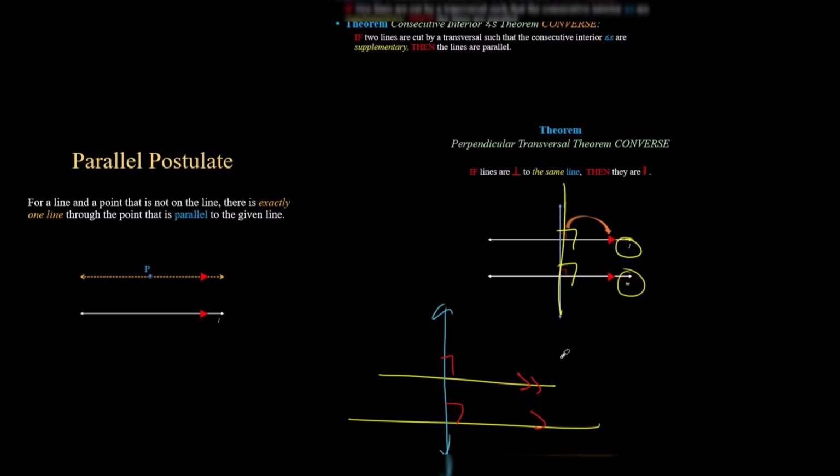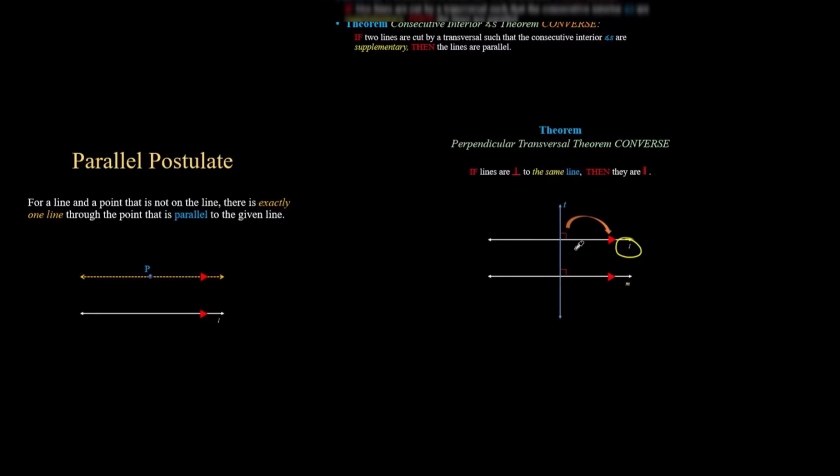So this is the perpendicular transversal theorem converse. Stated more precisely, if lines are perpendicular to the same line, then they are parallel.